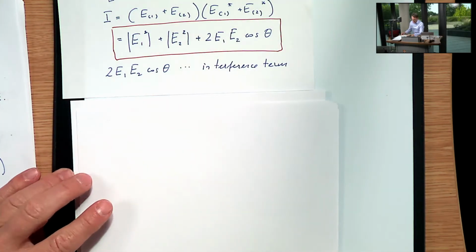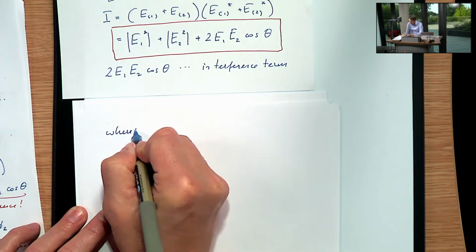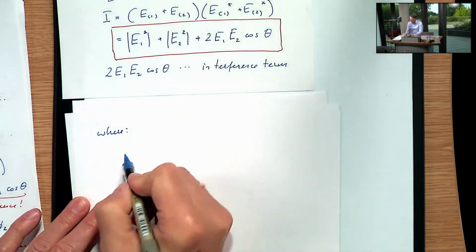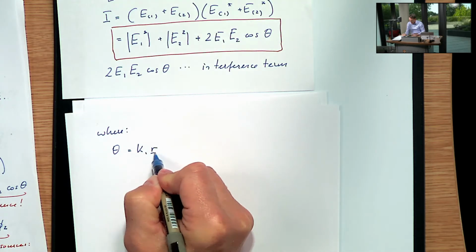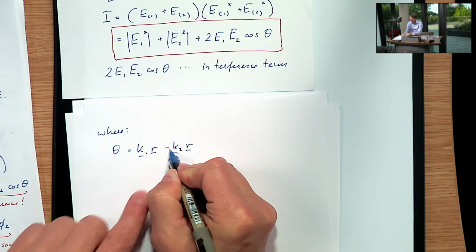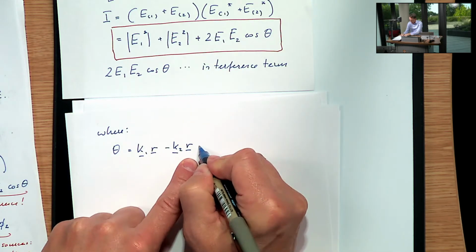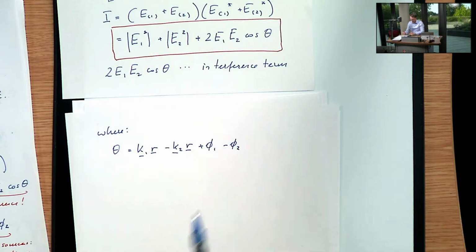What happens is you have theta here equal to k1 r minus k2 r, because we're taking the complex conjugate, plus theta 1 minus theta 2.